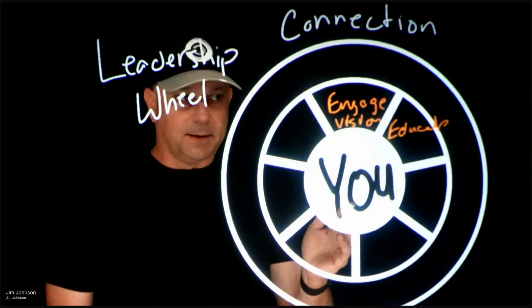Because what I'm trying to get is buy-in. So if I have an awesome enough vision that creates enough opportunity, and then I actually educate them and give them the tools and the assets to be successful, and I'm also doing the same, they see that in me, I start to get this buy-in. And so the tire starts to turn a little bit.